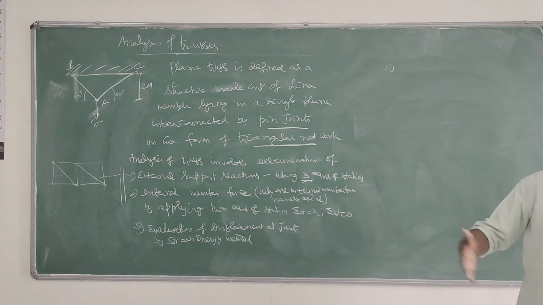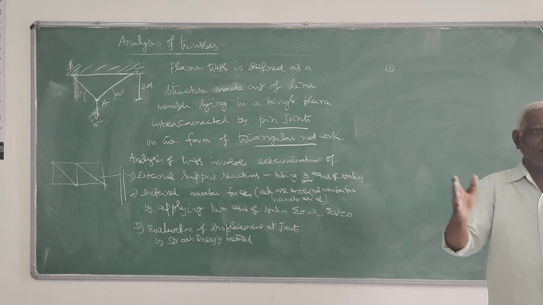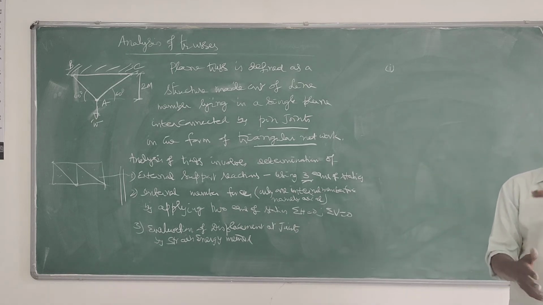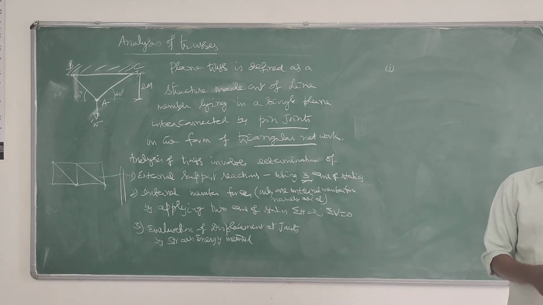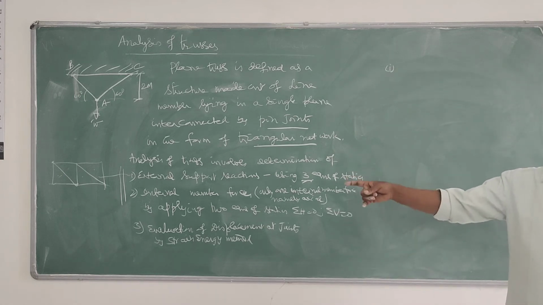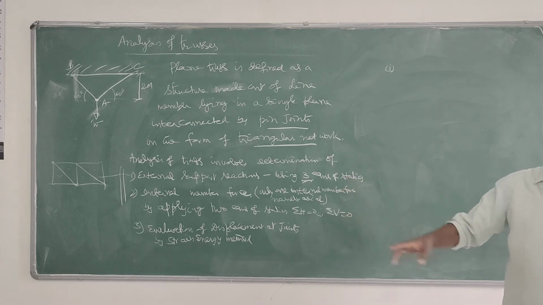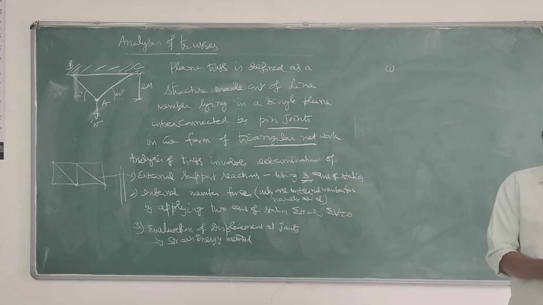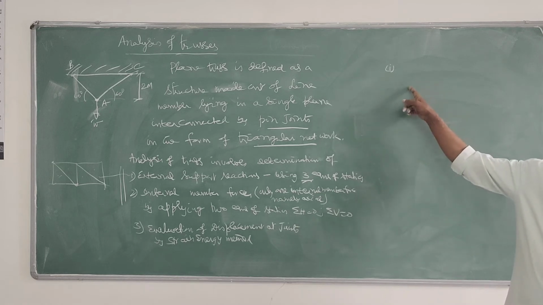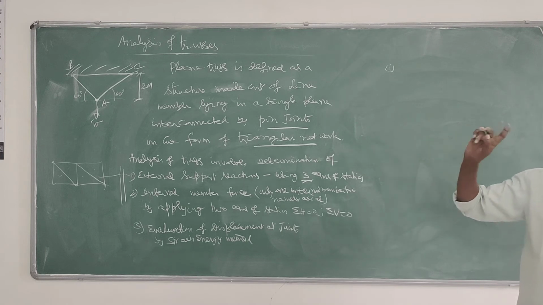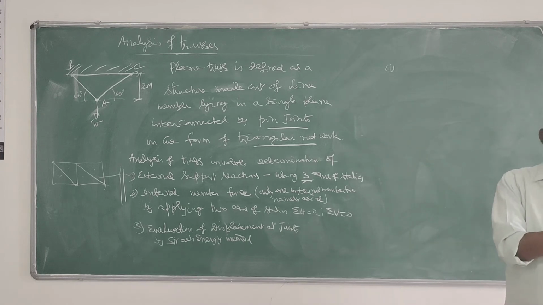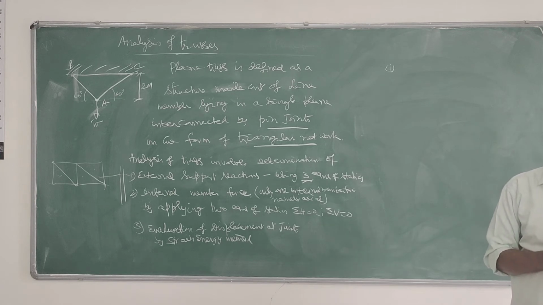In the case of beams, you take different sections and consider the free body diagram either towards left or right of the section, and consider the algebraic sum of all vertical forces as the shear force at that section, and the algebraic sum of moments as the moment at that section. Whereas here, instead of a section, we take joint by joint. First we select a joint wherein not more than 2 members are meeting. That's another point you have to remember.